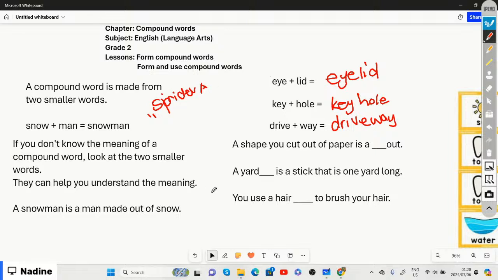All right. So it says a shape you cut out of paper is called a what?